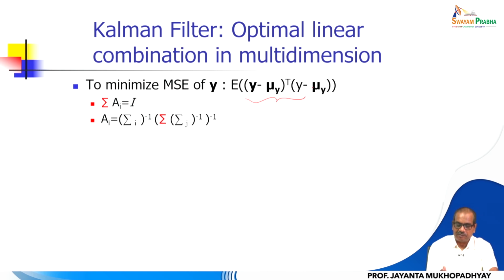It should be minimized with respect to this, and the solution would be that the sum of ai equals 1, and this is a combination. So actually all these observations are there, as you can understand. Every variable would be yi and mu yi, and you take the respective expectation of that, so the average of that.